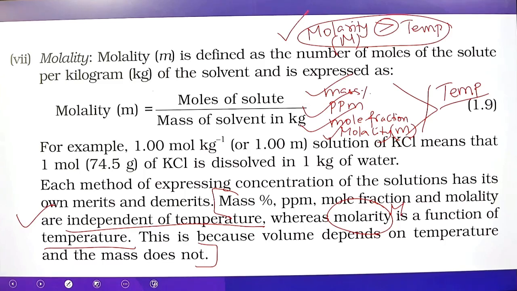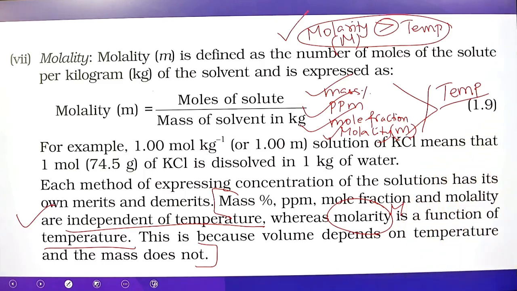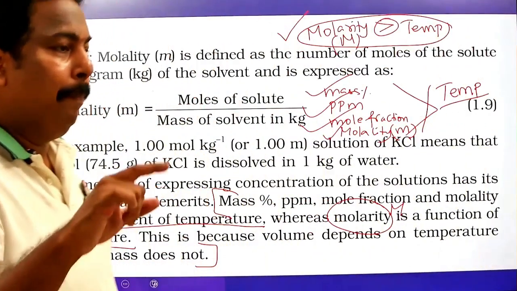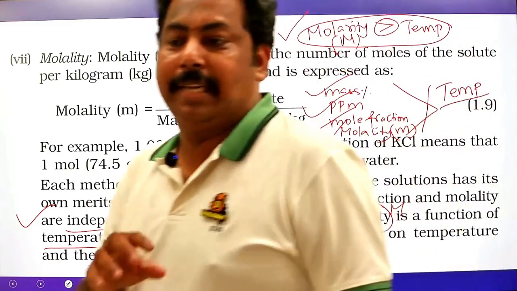Mass percentage, ppm, small m, which is molality, and mole fraction do not depend on temperature, while capital M depends upon temperature as it is volume based. Same statement, I have put it in an understandable format. Clarity?